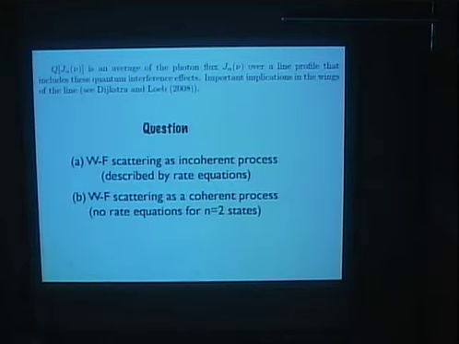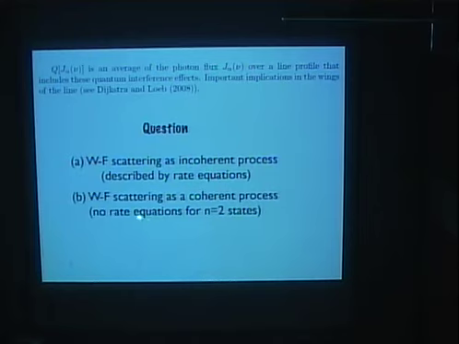So rather than comment on this, I'd just like to pose a question to the audience. It seems that we have two ways of thinking about Field-Wouthuysen scattering. In the first, it's seen basically as an incoherent process, in other words, the way radiation is absorbed and then re-emitted is described by rate equations.